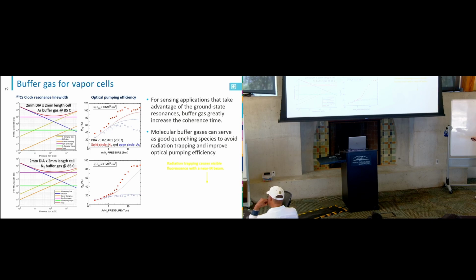And we can see there's a minimum point by adding the buffer gas. We can reduce the spin relaxation or the decoherence rate to some minimum value, and if we keep adding more gas, the collision-induced spin relaxation can dominate the decoherence. So that's an optimal point for the buffer gas pressure. This is one of the reasons why we want to add the buffer gas.